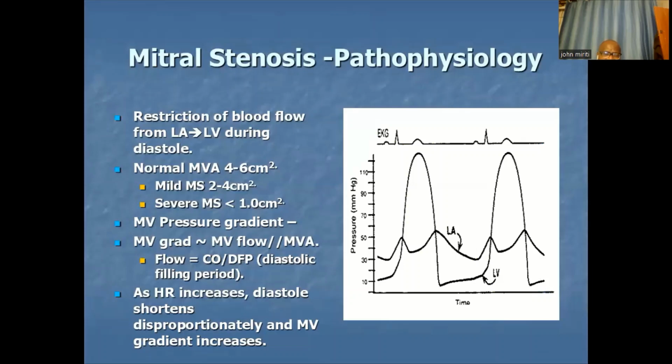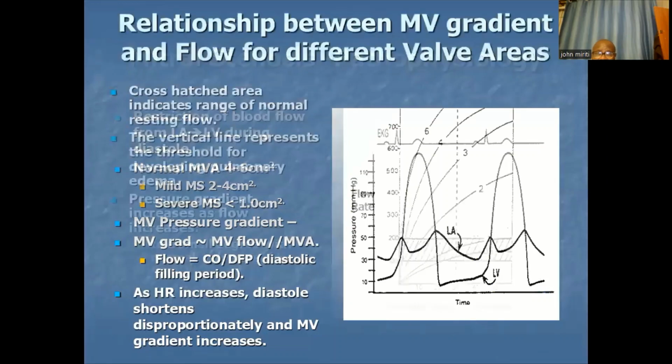So mitral valve pressure and gradient are also affected. The mitral valve gradient is related to mitral valve flow, which is equal to cardiac output versus the diastolic filling period. As the heart rate increases, diastole shortens disproportionately, and the mitral valve gradient increases in this type of patient.